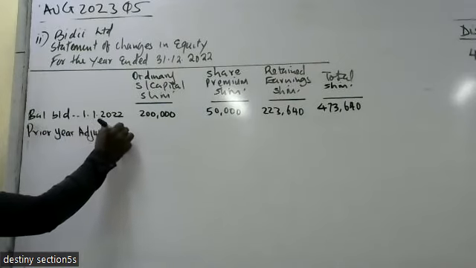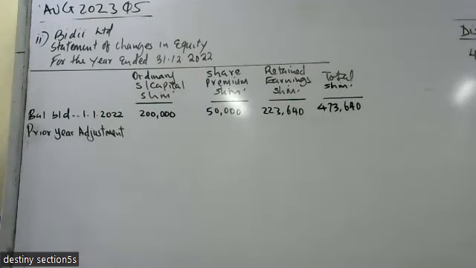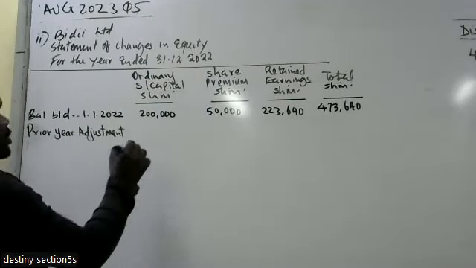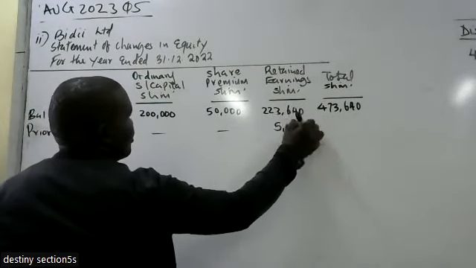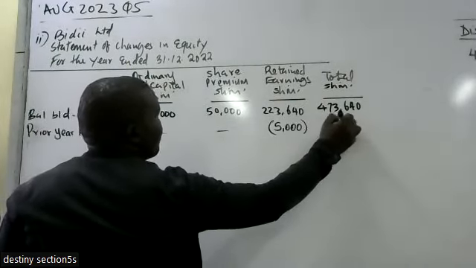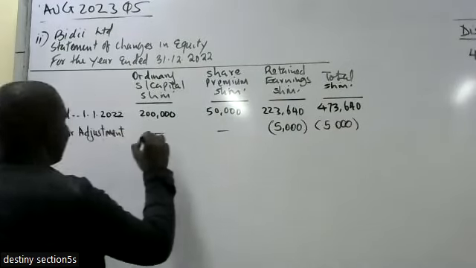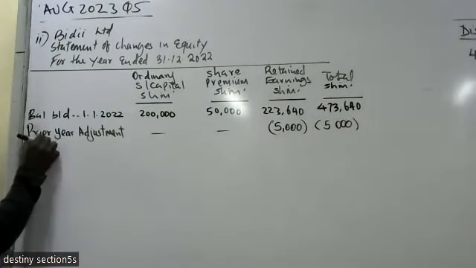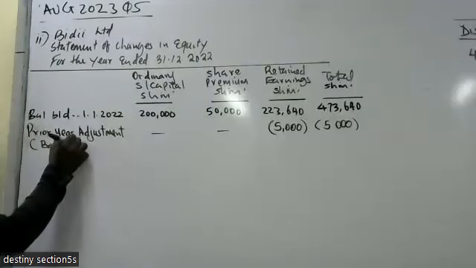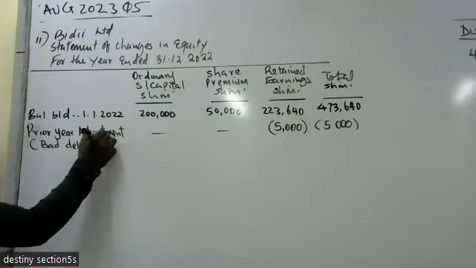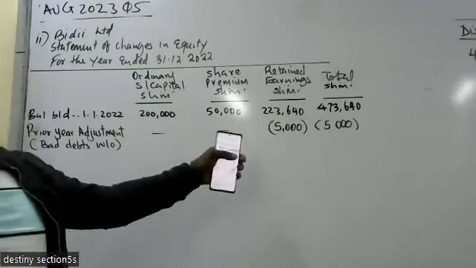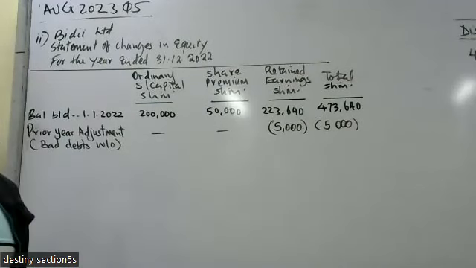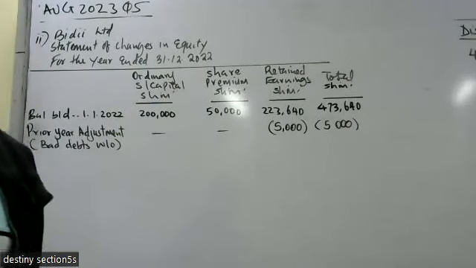We adjust it to the profit account, the 5. This is the bad debts written off. They never wrote it off last year. So it means the profit brought down was wrong. So you adjust.